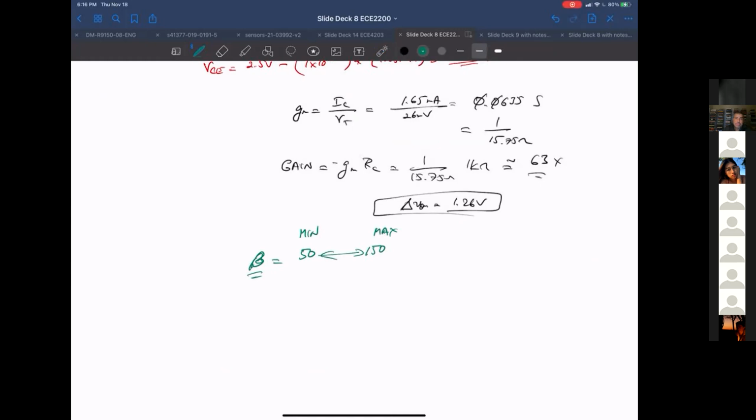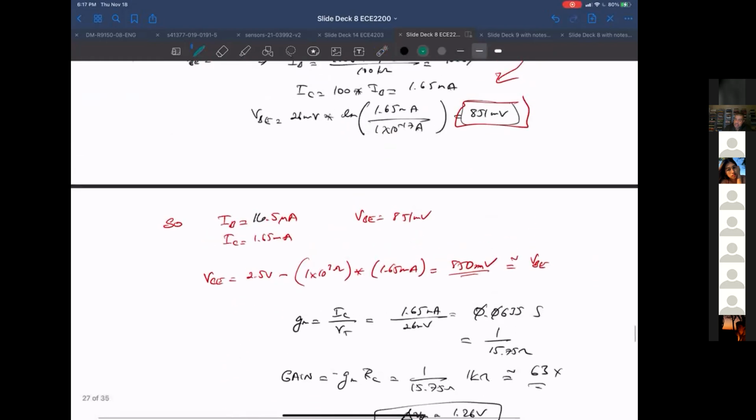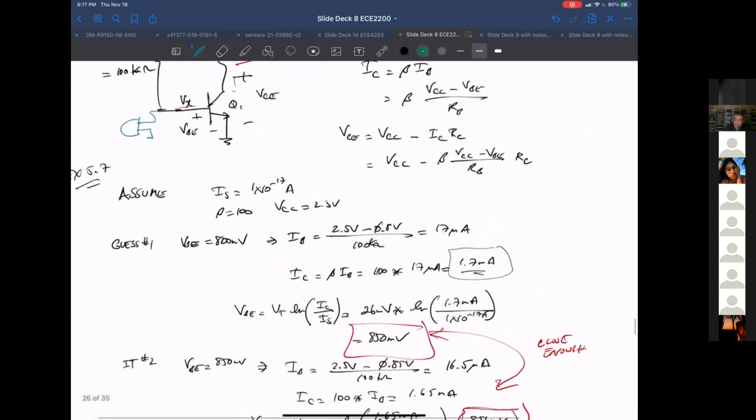There's a range because in production, as precise as you try to produce something, these things are going to vary. And if this beta value varies, it really throws a monkey wrench.